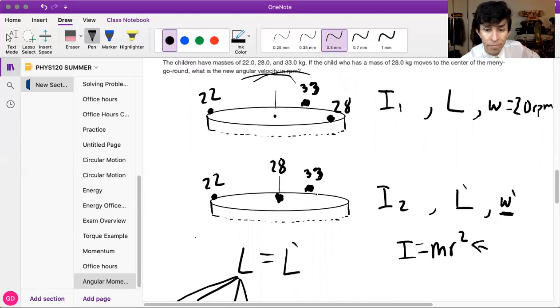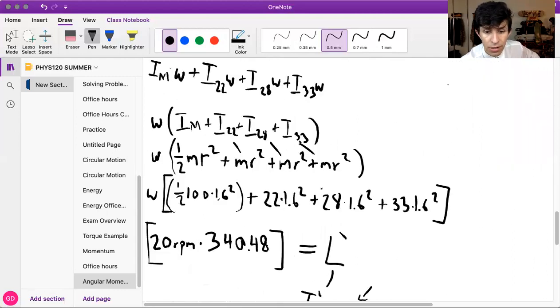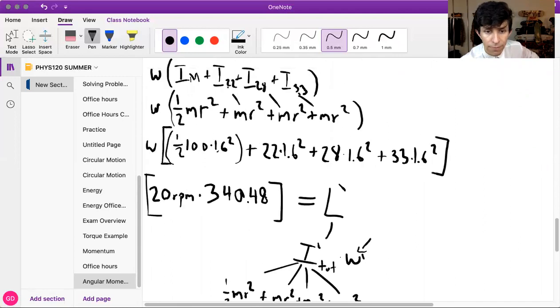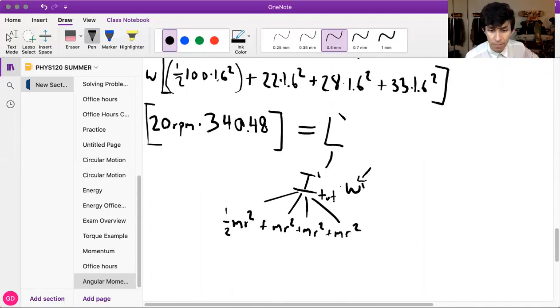So if the 28 kilogram person moves there, the 28 kilogram would be the second one, this one right here. So this would be 28 kilograms times the radius, and the radius is 0. 28 times 0 squared, because the person is right in the center, so they don't have any radius distance away from the 1.6 meters of radius that the merry-go-round has.